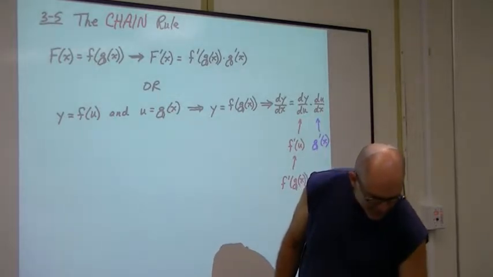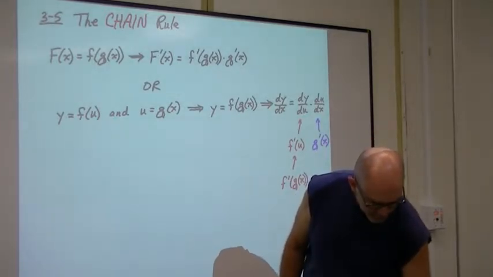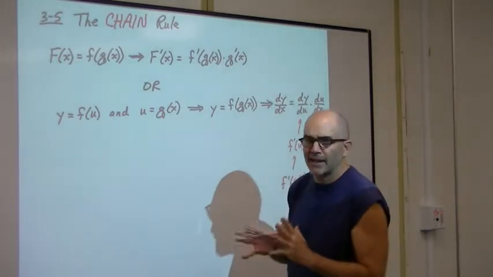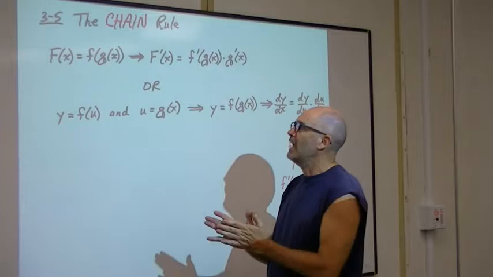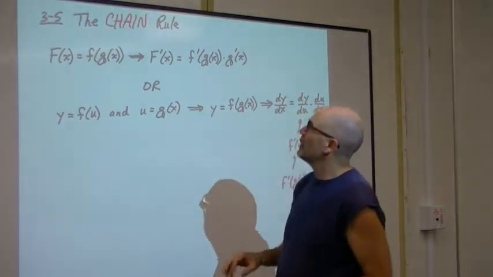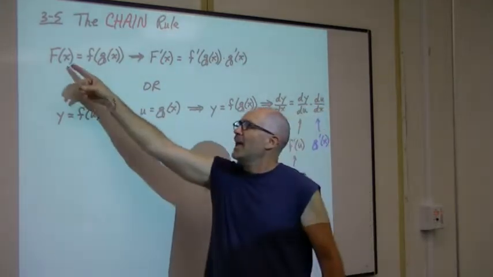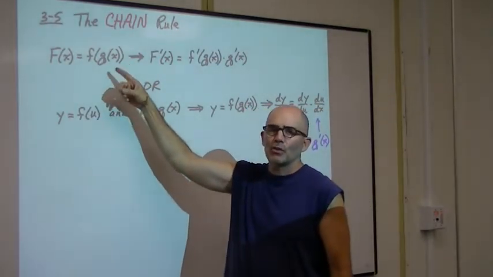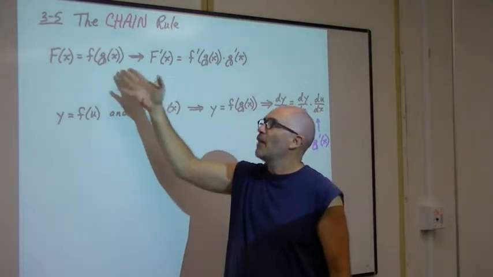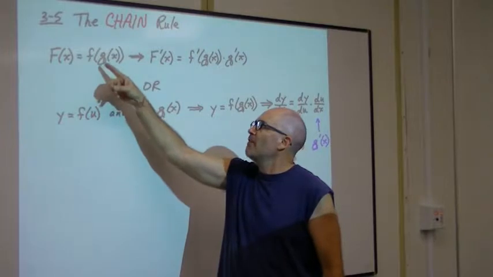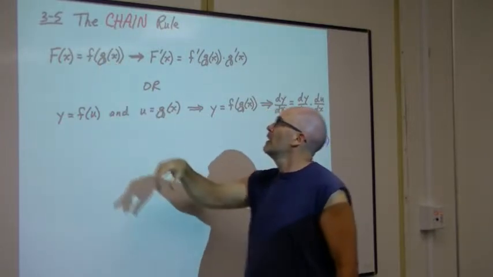Okay, let's get started here. The chain rule. This is a seriously important concept, and you really want to make sure you get it. So, we've got a function here that's a composite of two or maybe more other functions. So, capital F of x equals f of g of x.